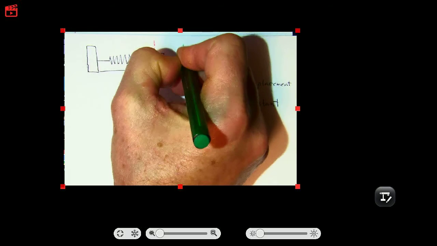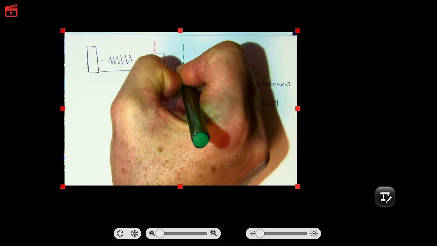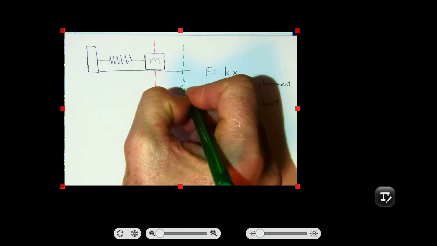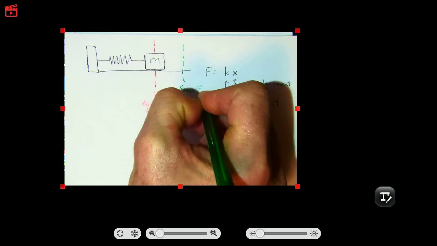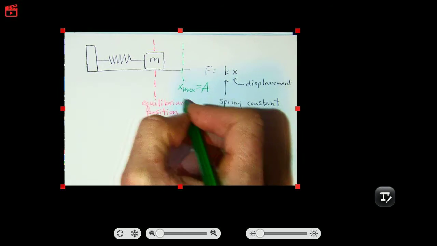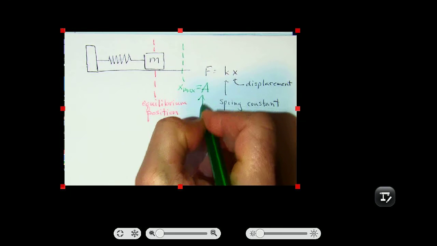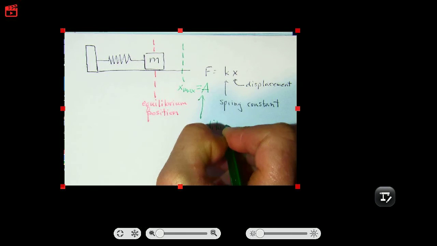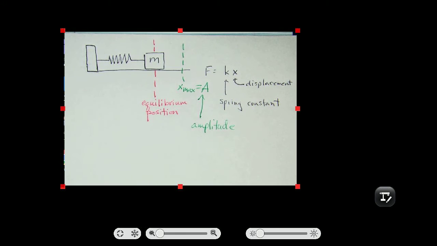The maximum displacement we're going to call A. A stands for amplitude. A is the maximum displacement.